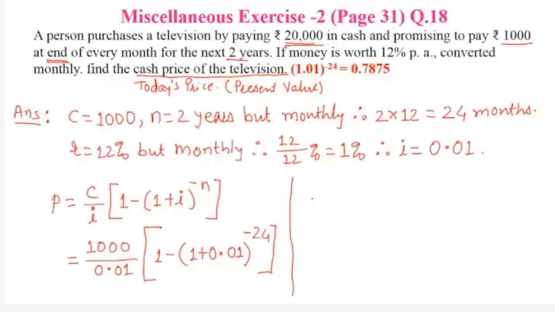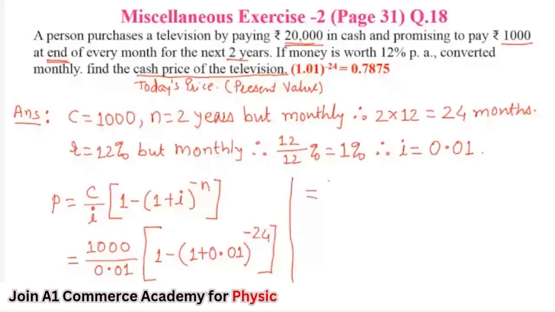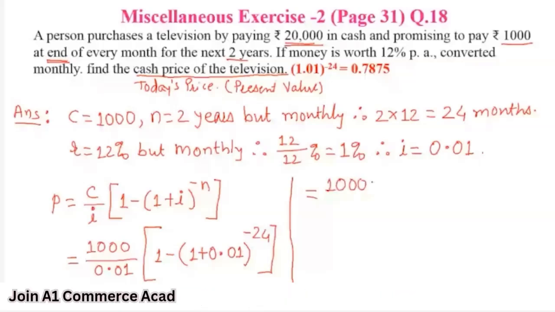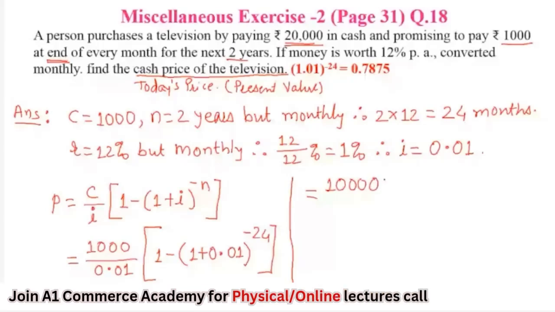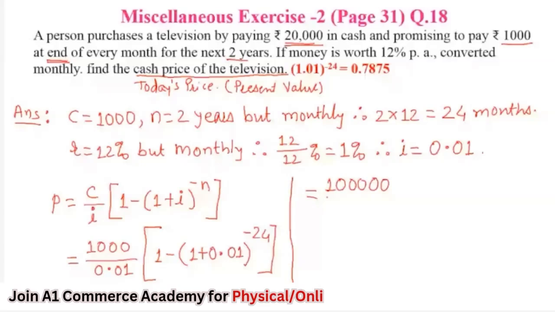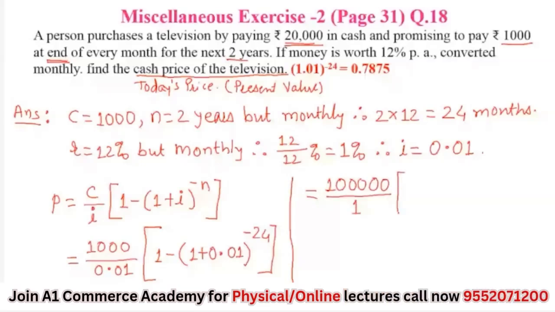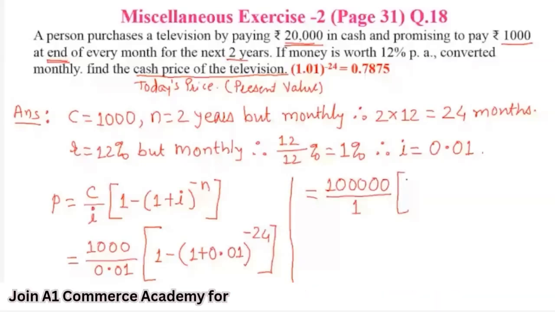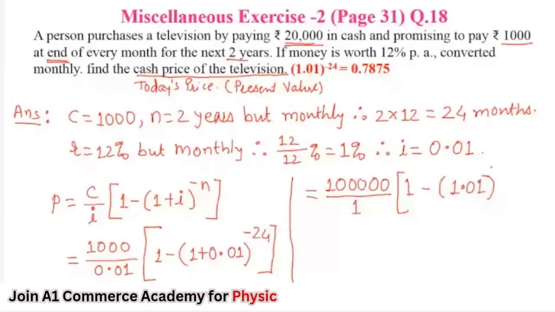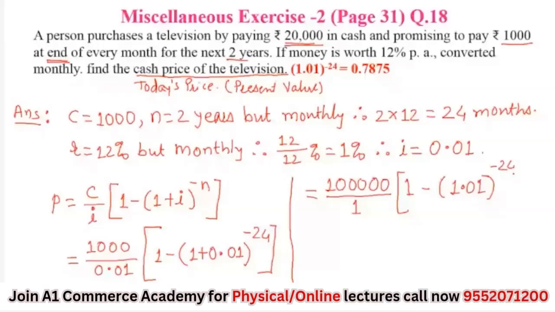Let us remove that decimal point, 2 digits after the decimal point. 1,000 is the original value. I want to remove decimal point from the denominator. So I'll add 2 zeros divided by 1, which is meaningless. In square bracket, 1 minus 1.01 raised to minus 24.